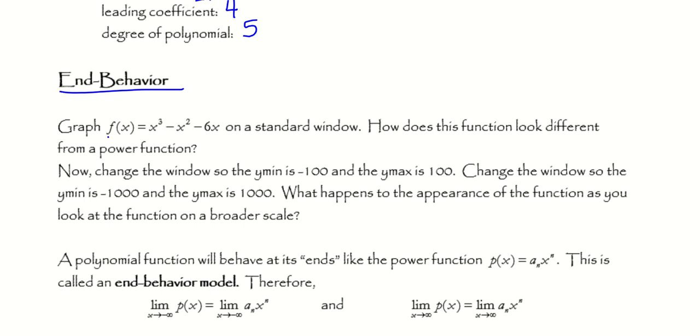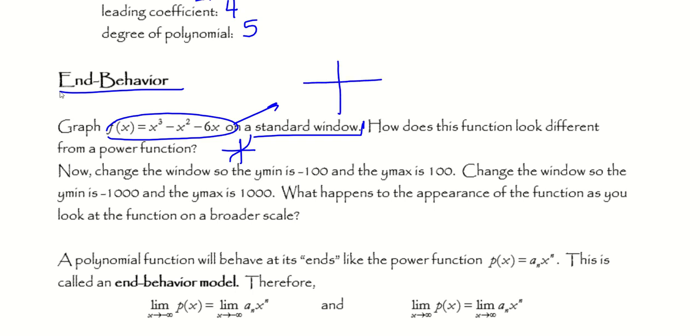If we take this function f of x equals x cubed minus x squared minus 6x and graph that on a standard window, we can see that whereas a power function with a degree of 3 might look like this, this graph has some bumps to it. So it might look something like that. We've got some bumps in it.